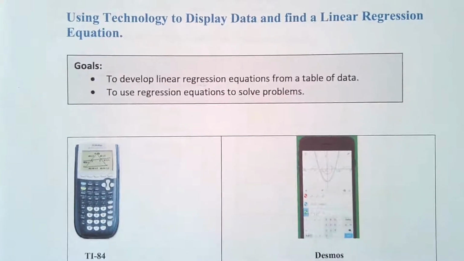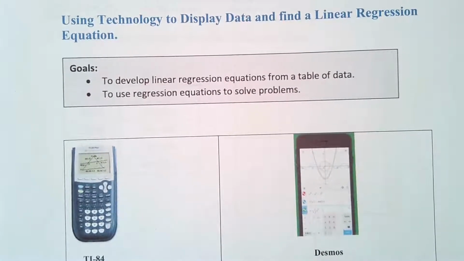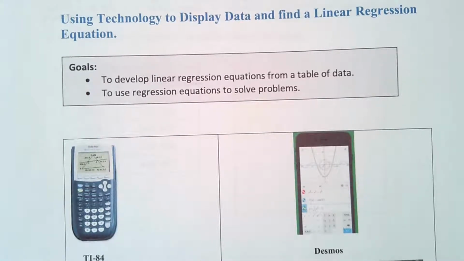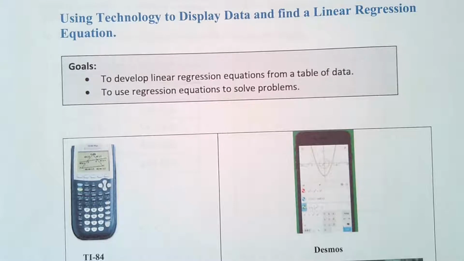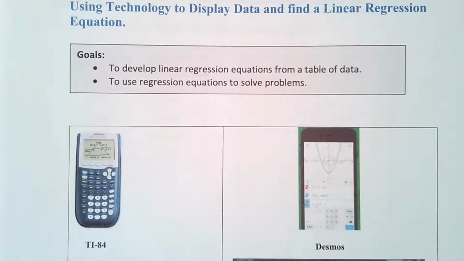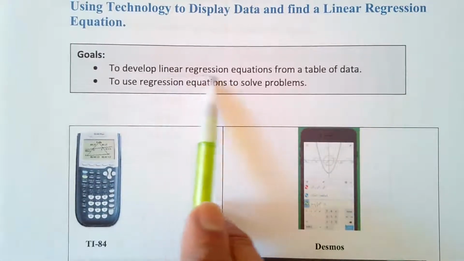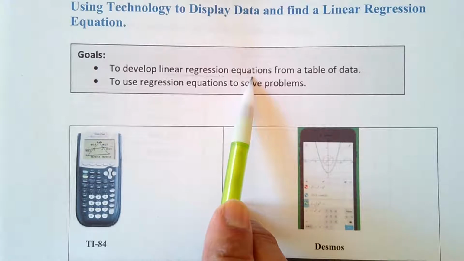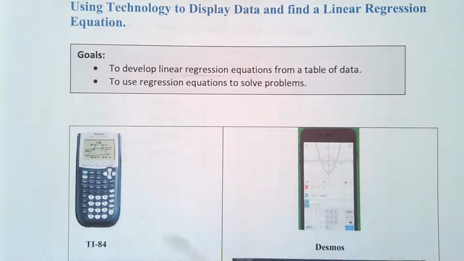There are other kinds, such as quadratic, which is nonlinear, it doesn't go in a straight line, or cubic. But for this lesson, we're looking at a linear regression, a straight line equation, which shows a relationship between two variables.